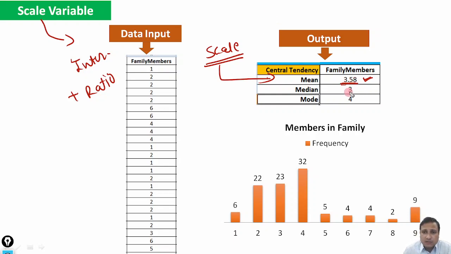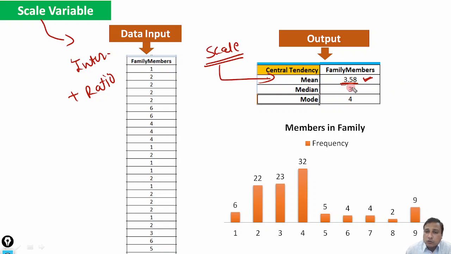Can I say that the average family members so far as my respondents are concerned is 3.5? Is there any family having 3.5 members, or 3.5 kids? No. Either we have 3 kids or 2 kids or 1 kid. Either 3 family members or 4 family members. We are not having 3.58.